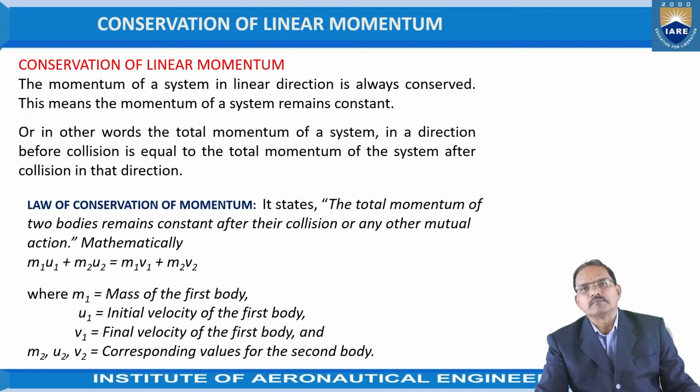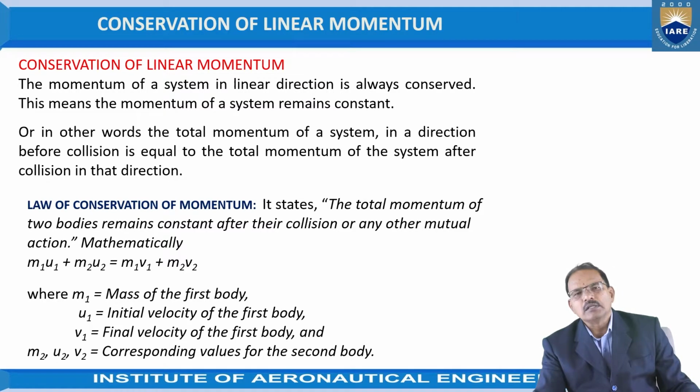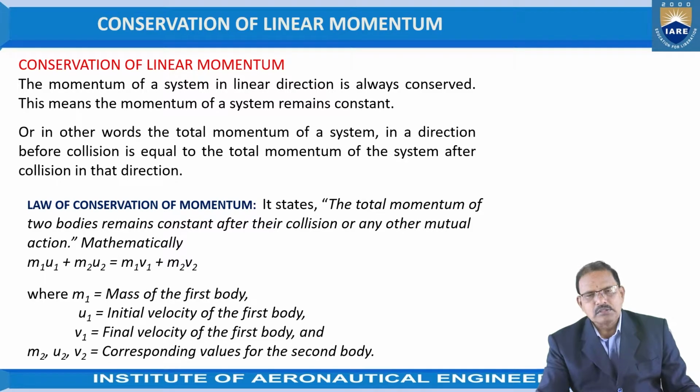Conservation of linear momentum. The momentum of a system in a linear direction is always conserved. That means the momentum possessed by the system remains constant. Or in other words, the momentum possessed by the body before the collision should be equal to that after the collision. This is obtained when the resultant force acting on the body is equal to 0.